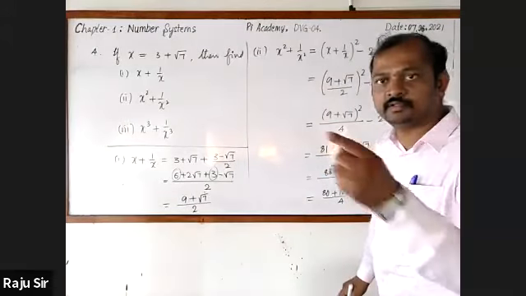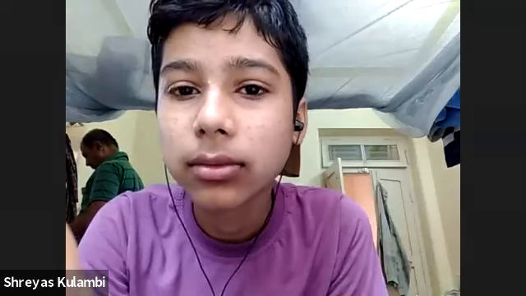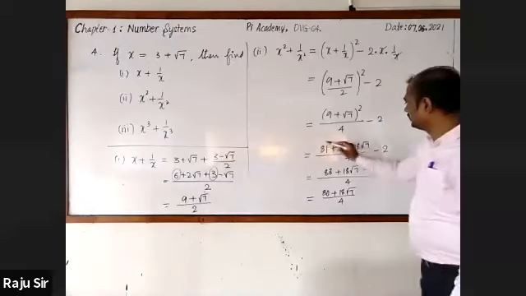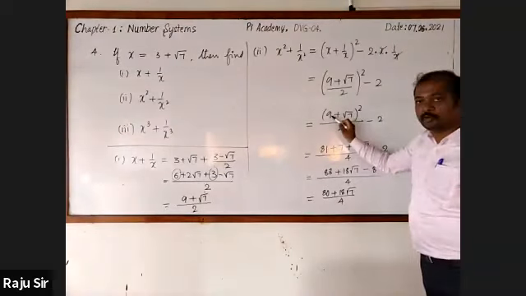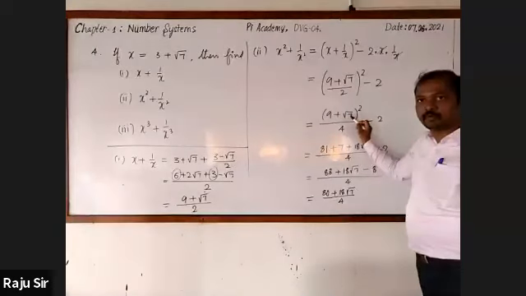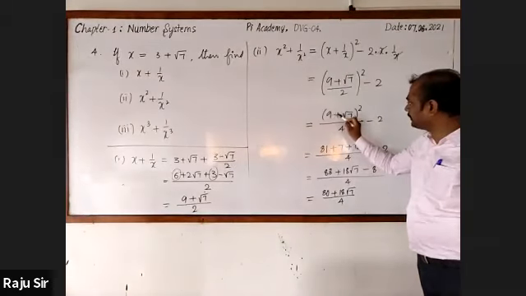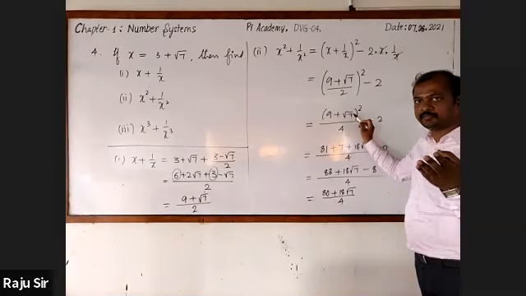Kulambi, did you understand? Sir, how do we get 18 times root 7 in the fourth step? Okay. Look here. Here, numerator term 9 plus root 7 whole square is of the form a plus b whole square, right? Yes, sir.